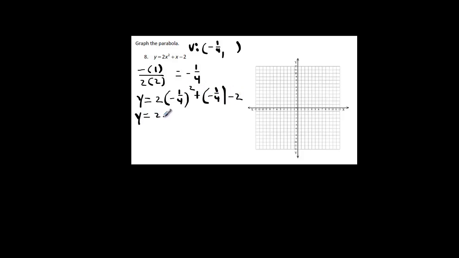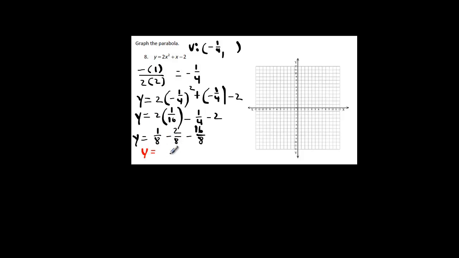So y equals 2 parentheses negative 1/4 squared is 1/16. 2 times 1/16 is 1/8. Let's make this eighths. It's going to be 2/8. Let's make that eighths. It's going to be 16/8. I'm tired of saying eighths.